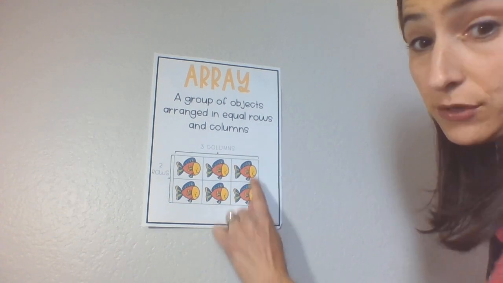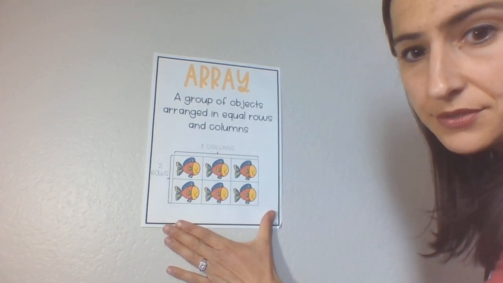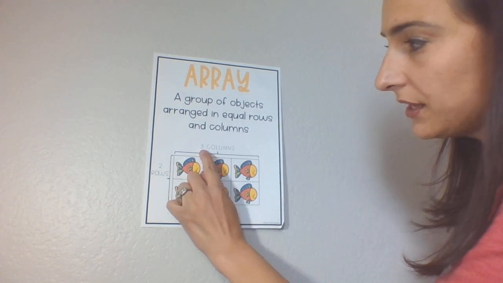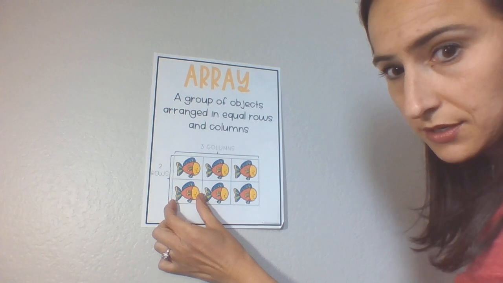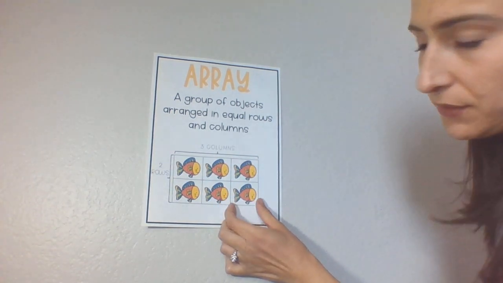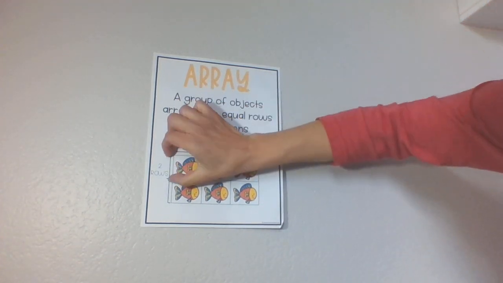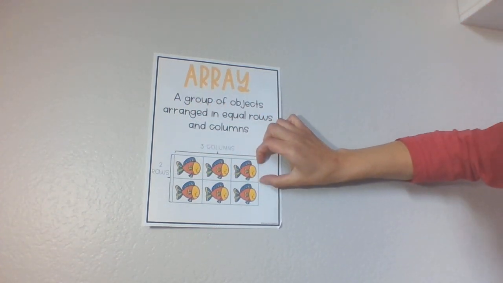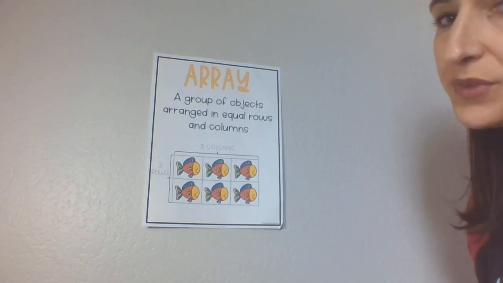All right, so they are arranged by columns and rows. Columns go up and down, rows go across. Here on this array, you see that there are 3 columns. 1, 2, and 3. And boys and girls, you see that there are 2 rows. 1 row and the second row right there.